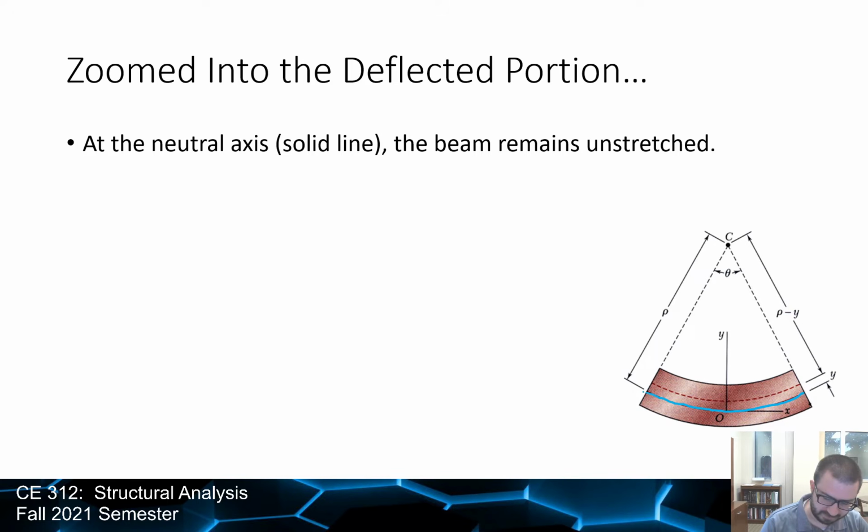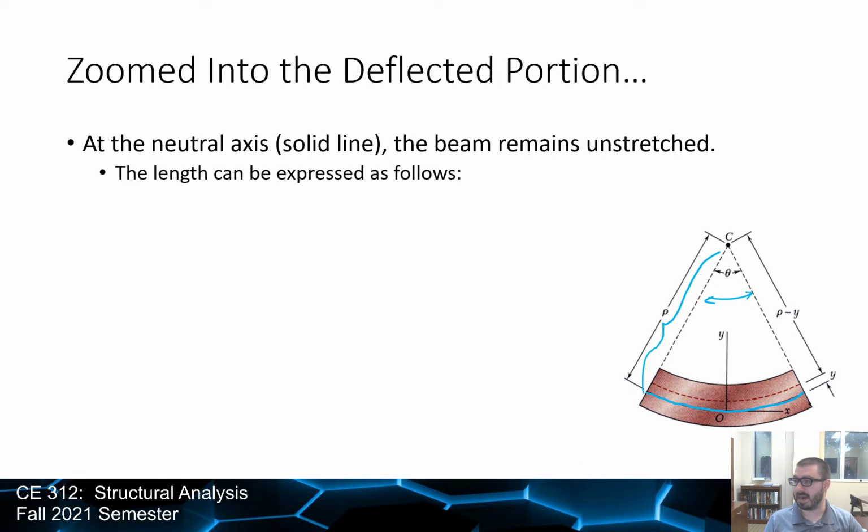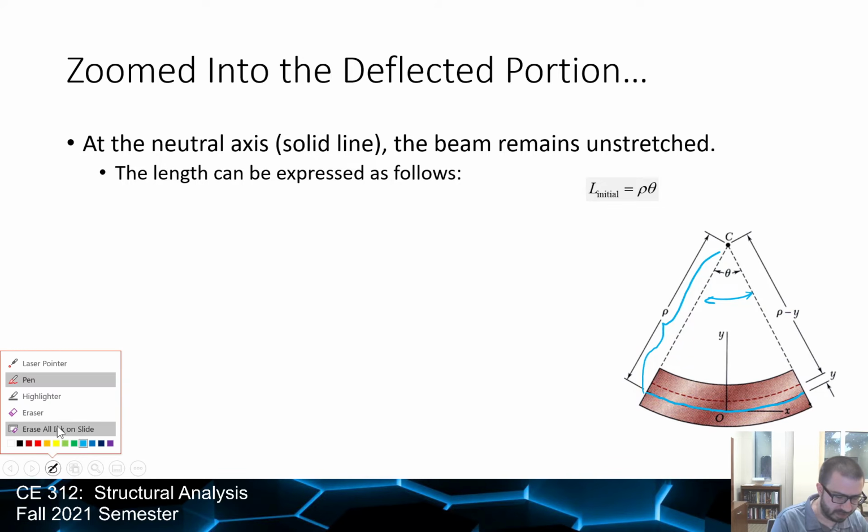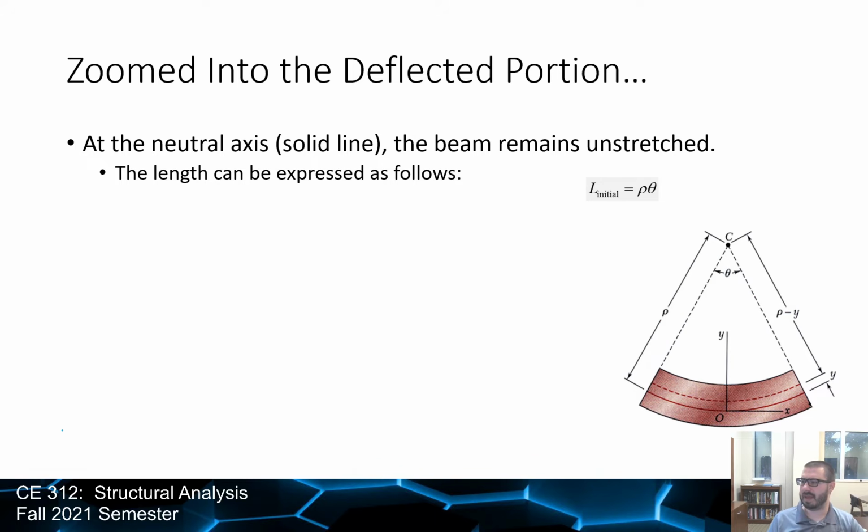If this is the radius and this is the angle, the radius times the angle measured in radians will tell you the length of that line. We're going to call that L initial, the initial length of the beam before it deforms, and we can use this because we're assuming that solid line remains unstretched.